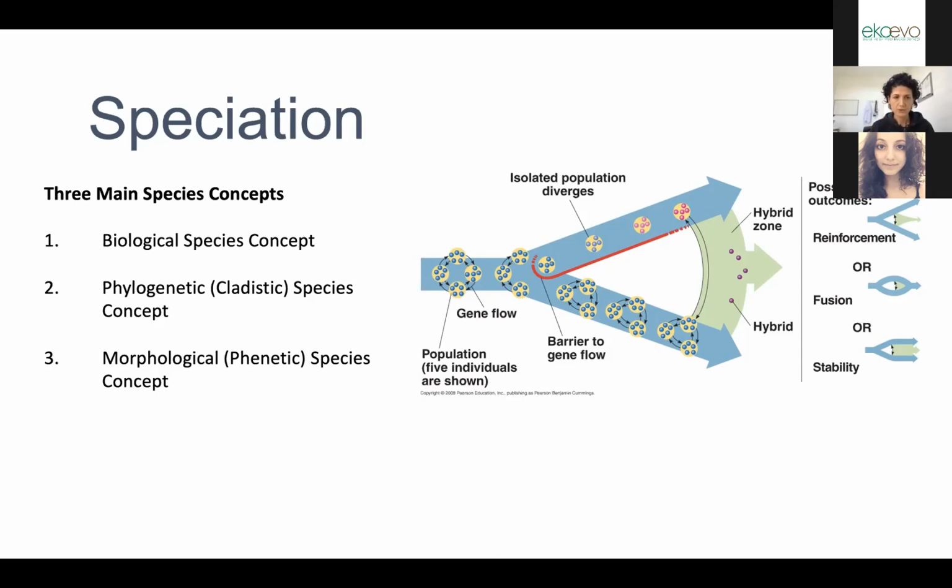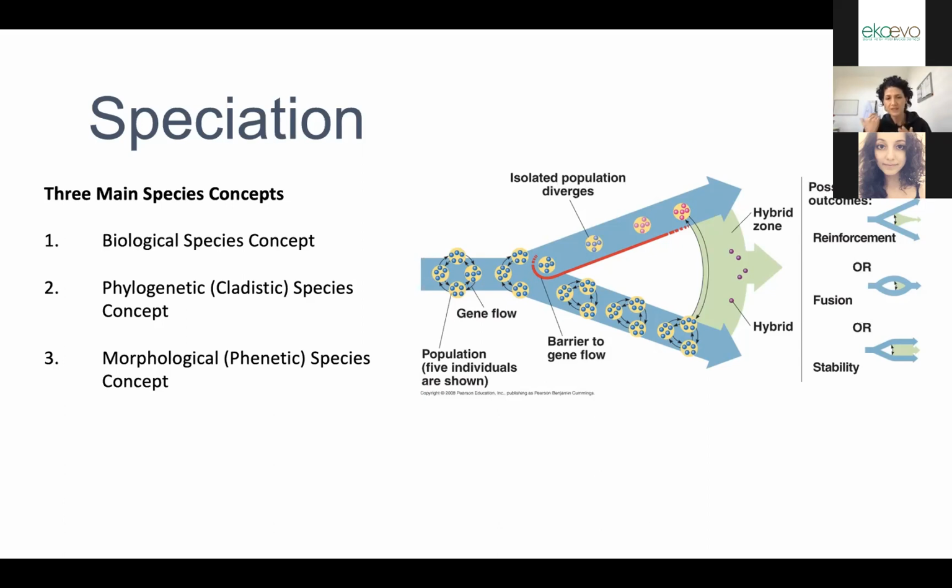The phylogenetic or cladistic species concept. According to this species concept, the last branch in the phylogenetic tree is accepted as a species. This is mostly used for prokaryotic organisms because it's not easy to define the species border for prokaryotes.